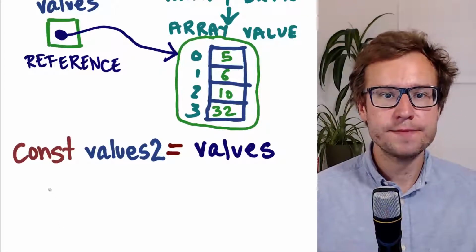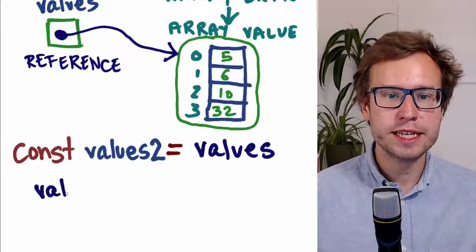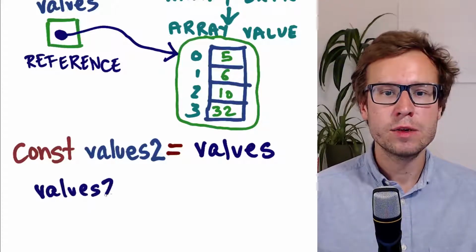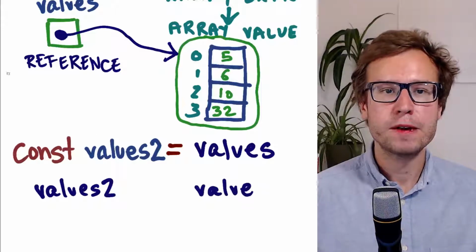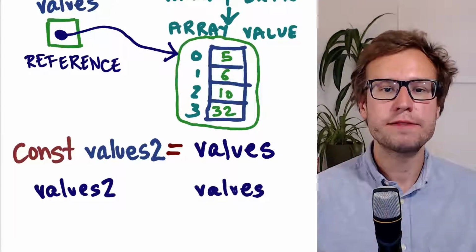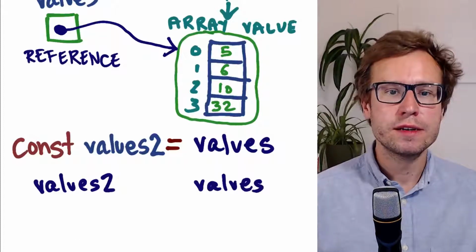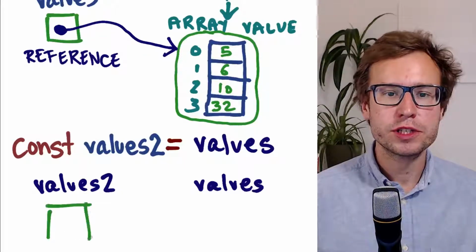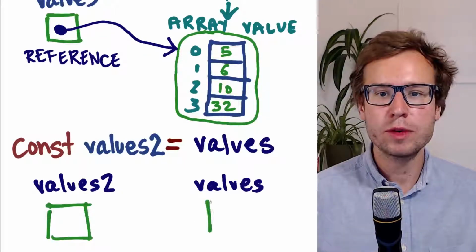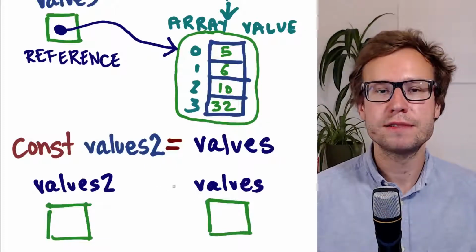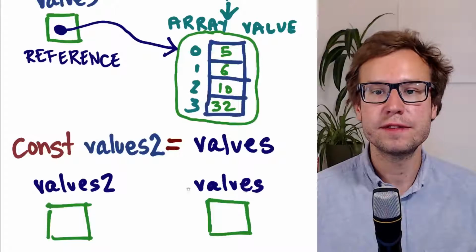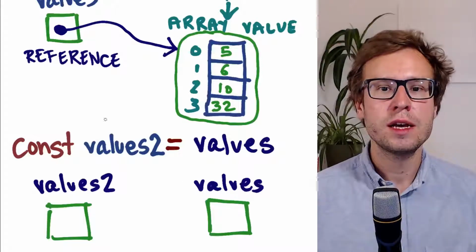Well, let's draw it again. Let's draw the same thing. So now, once again, on the left we have one variable, which is called values2, and on the right, what's the expression that we have? It's the value that's inside of this variable values.